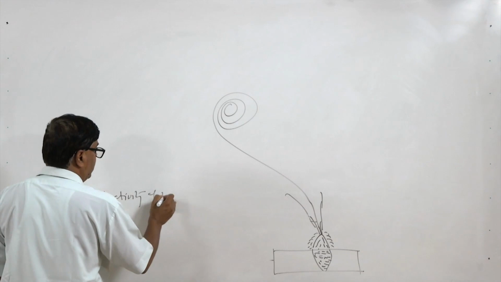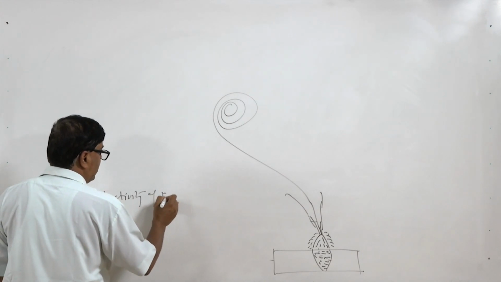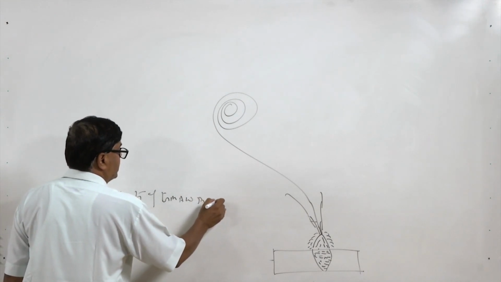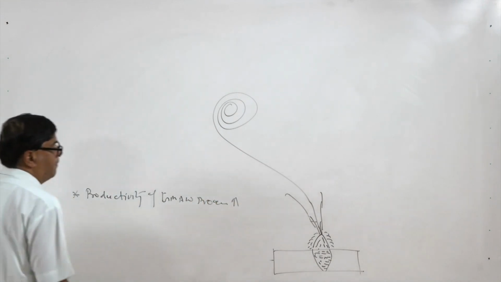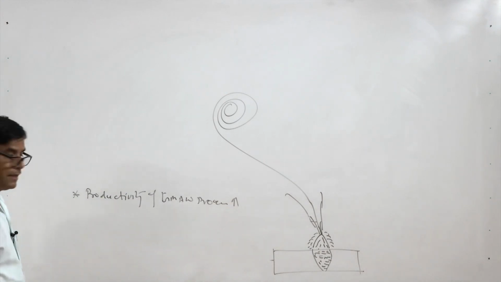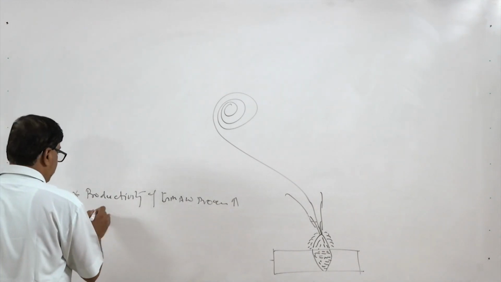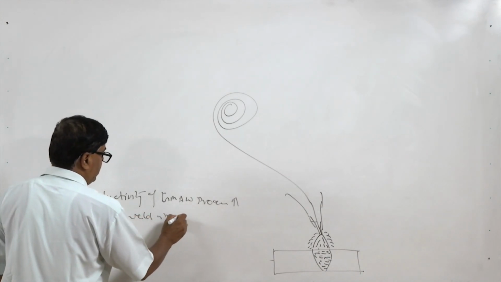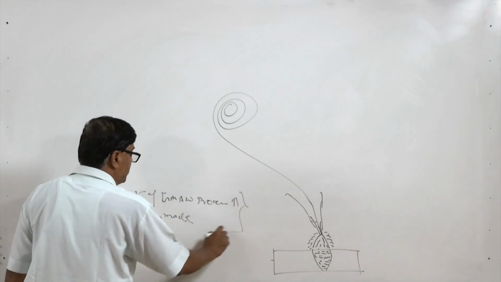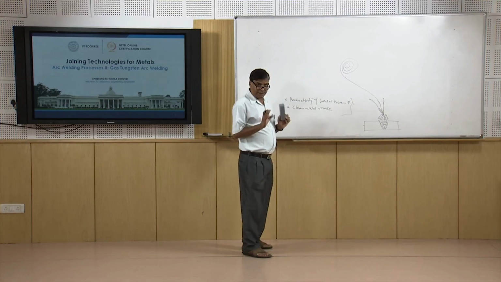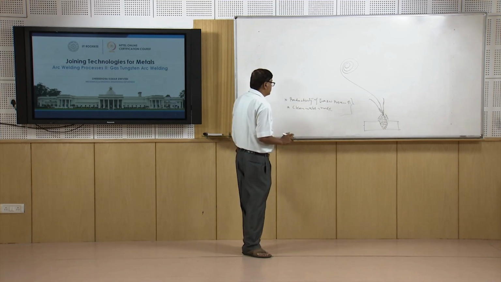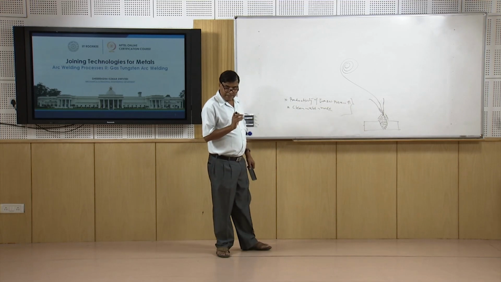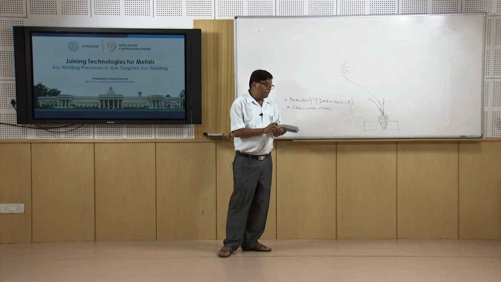Productivity of the GMAW process is much better as compared to what we have seen in the case of the GTAW process, and also a very clean weld is made, and because of these two reasons the process is very successfully used in the industry for making weld joints for all critical and semi-critical applications.